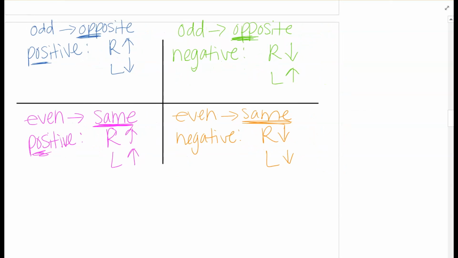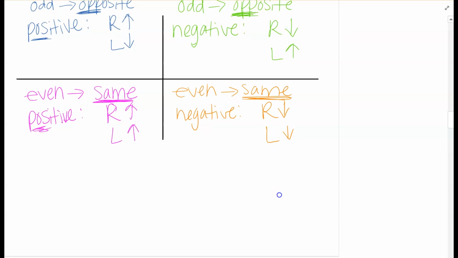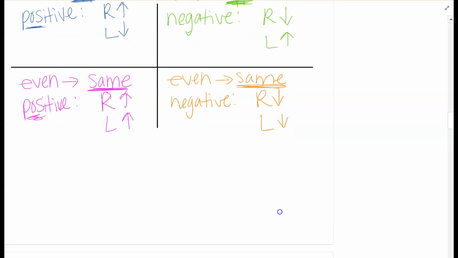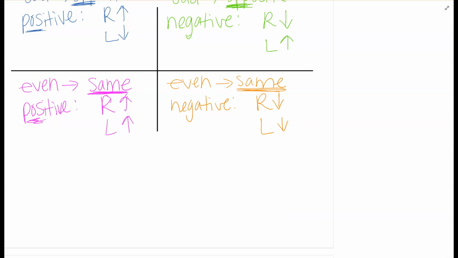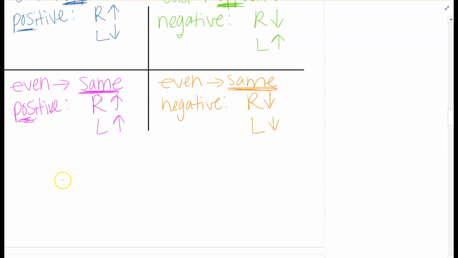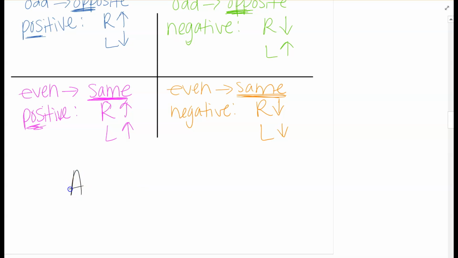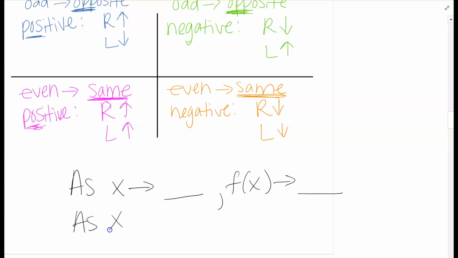So once you have this little right, up, down, left with your arrows, then you have to translate it into your end behavior statement. Your end behavior statement is always going to be: as x approaches blank, it's going to be either positive or negative, your function, where I think we've been using y's, approaches blank, and as x approaches blank, f of x approaches blank.